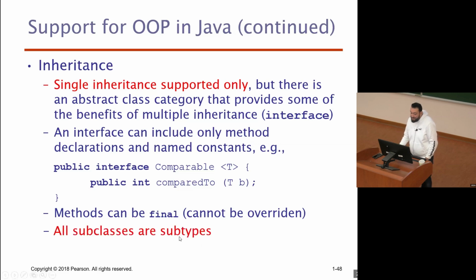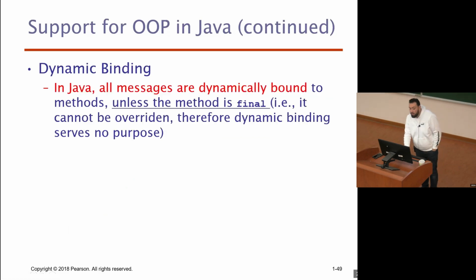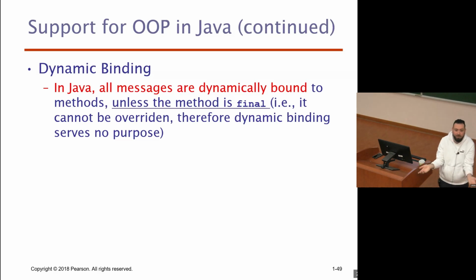All subclasses are subtypes. When it comes to dynamic binding in Java, all messages are dynamically bound to methods unless the method is final. Why unless the method is final, guys? When I'm saying final, what do I mean? No one can override this. That means, would this change at runtime if no one can override it? That means it's not going to change. So technically, it's as if it's static.